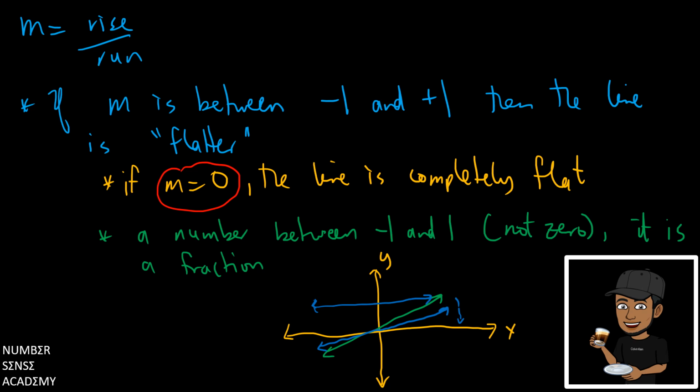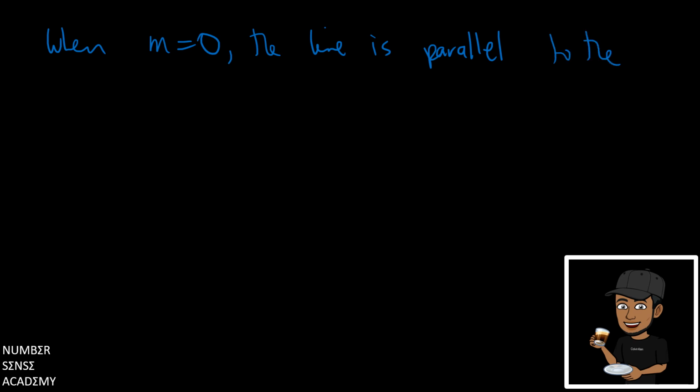And let me write that somewhere so we don't forget. So I'm going to just write it. When m equals 0, the line is parallel to the x-axis.